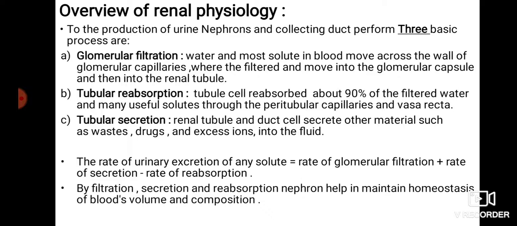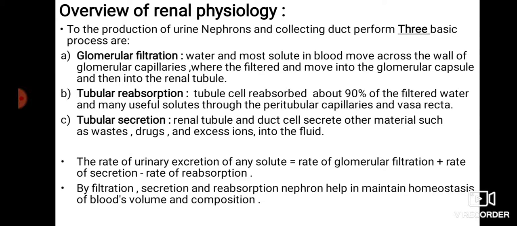Another point is why filtration, secretion, and reabsorption matter: the nephron helps to maintain homeostasis of blood volume and composition.